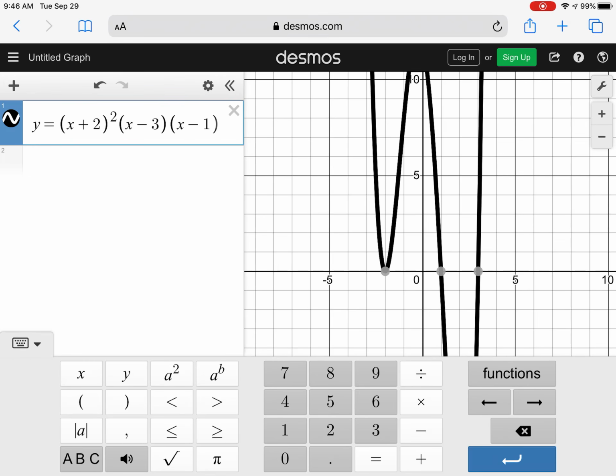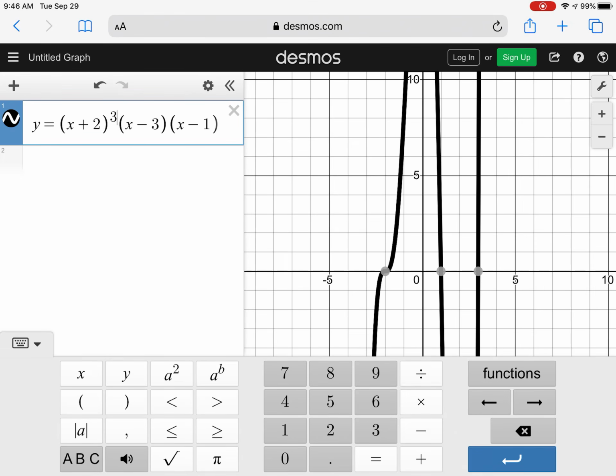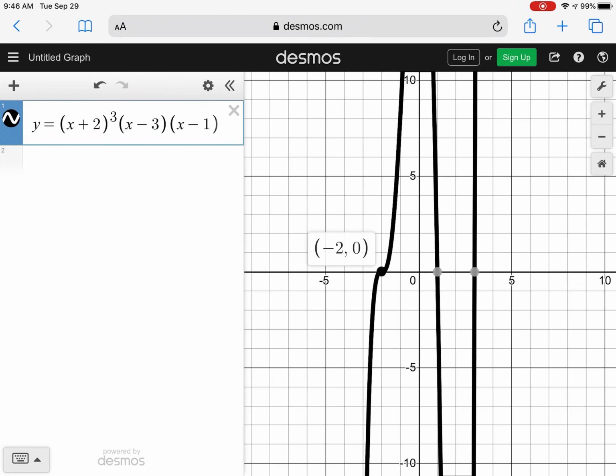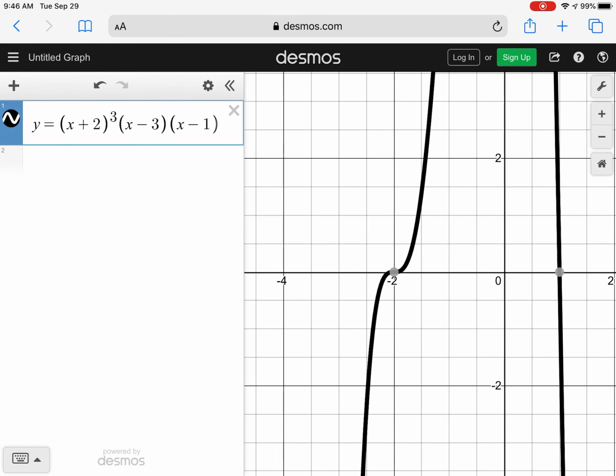So you can expect, if I go now and I change that 2 to a 3, you can expect a sort of a snake shape on the x-axis rather than a bounce. So let's take a look at this. I'm going to replace this with a 3. And check this out. You can see right here at x equals negative 2, you can see right here that this has like a slithering shape to it, a slide, a chromosome, half of a chromosome, or various other shapes that you may consider that to be.